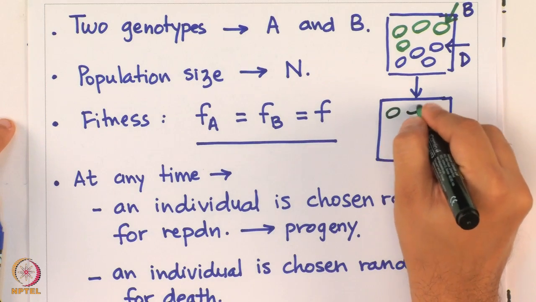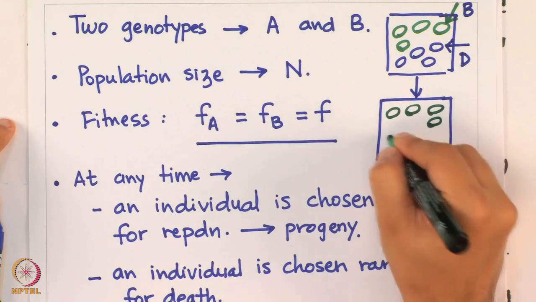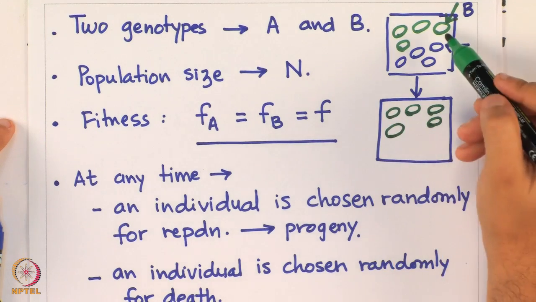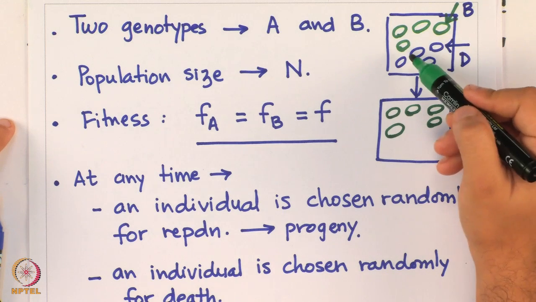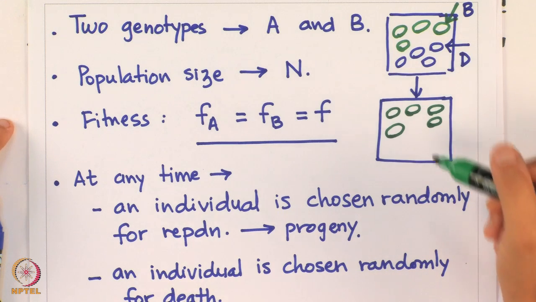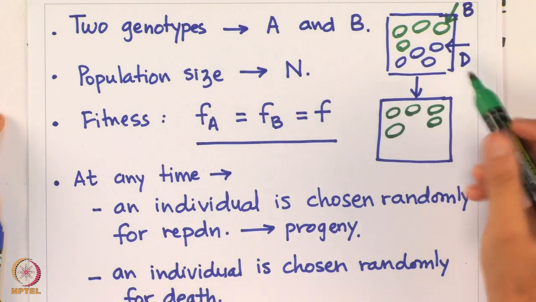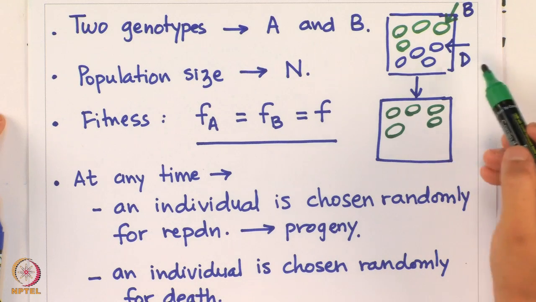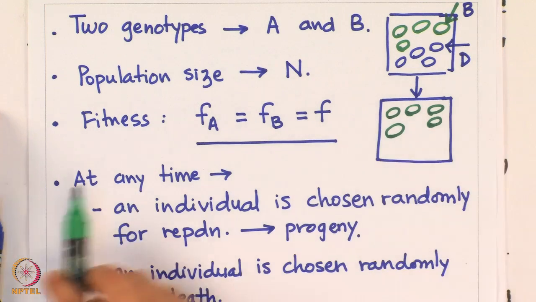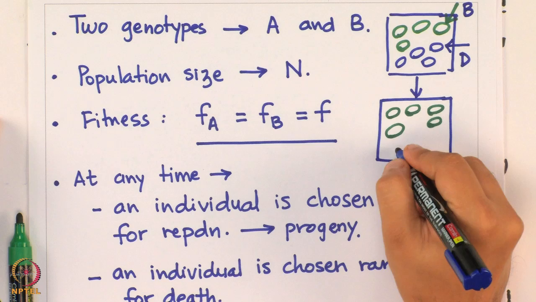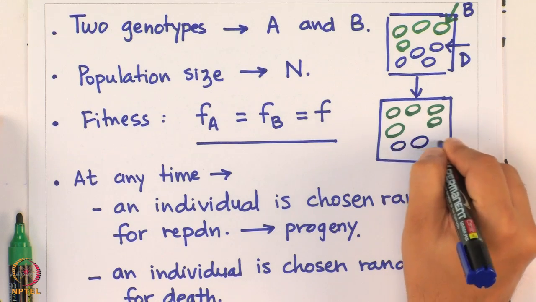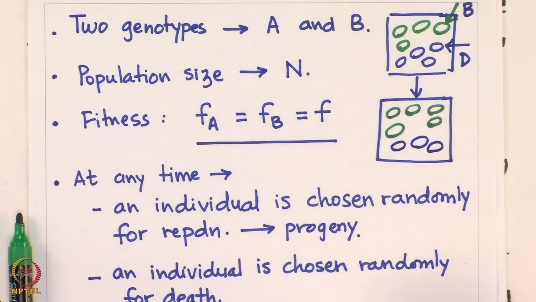So in the next instant I have 5 green cells, because this one has given rise to another one. So the number of green cells goes from 4 to 5, whereas the number of blue cells, because the individual marked out for death happens to be blue in color, will come down to 3 from 4.